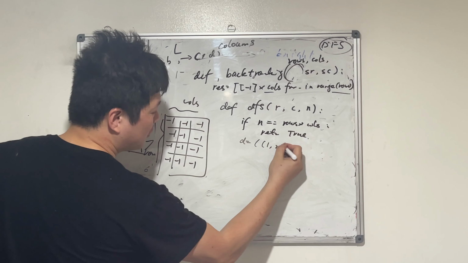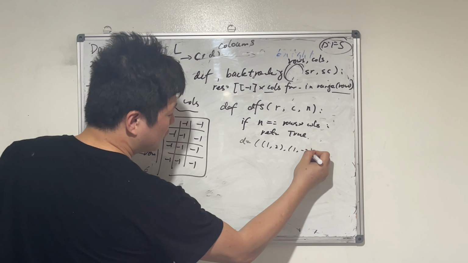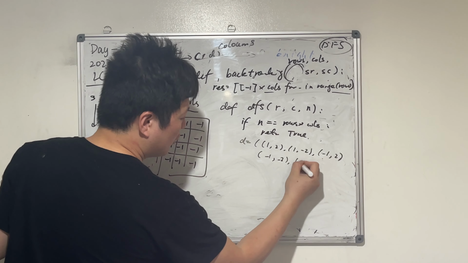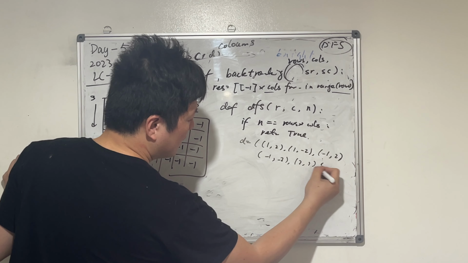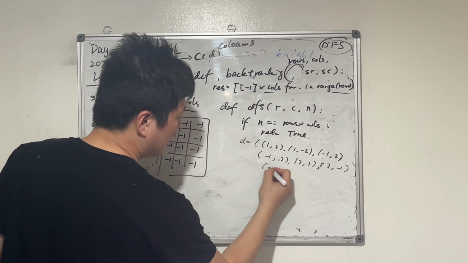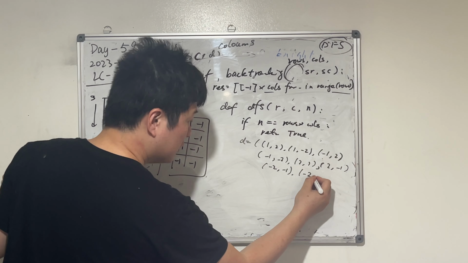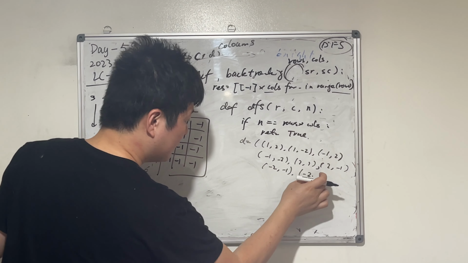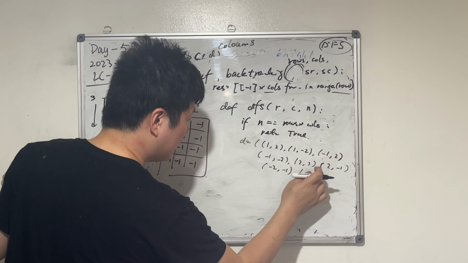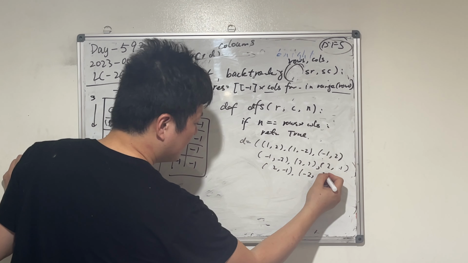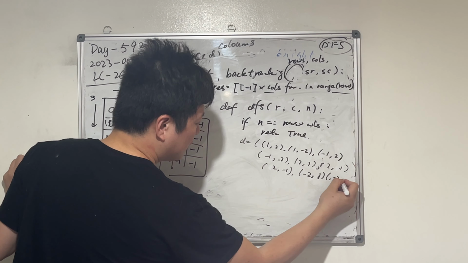So it will be 1, 2, 1, minus 2, minus 1, 2, minus 1, minus 2, 2, 1, 2, minus 1, minus 2, 1, minus 2, minus 1, okay?